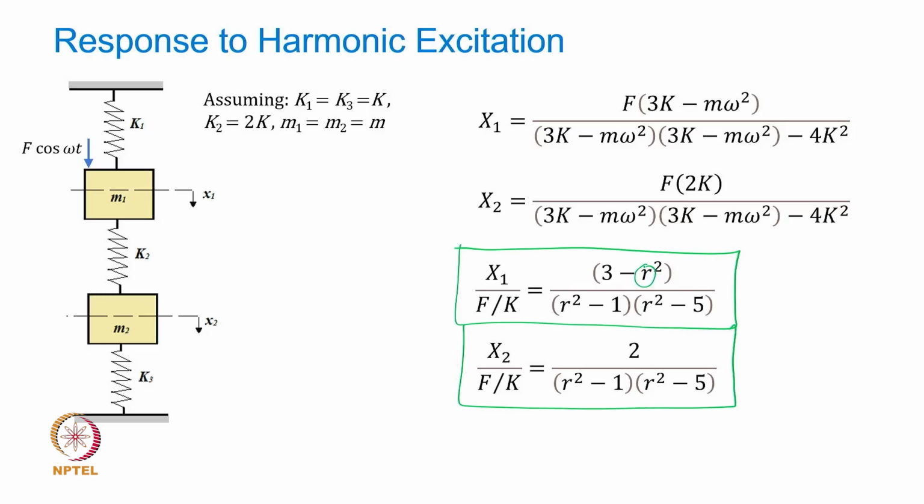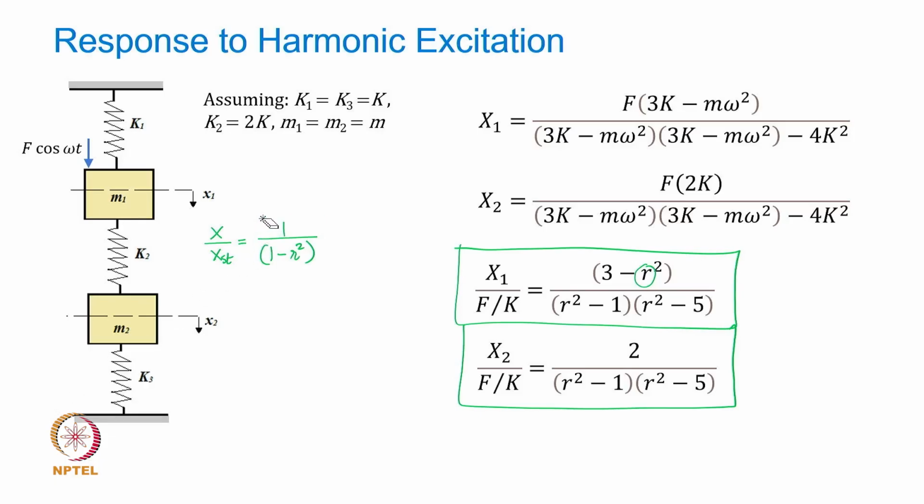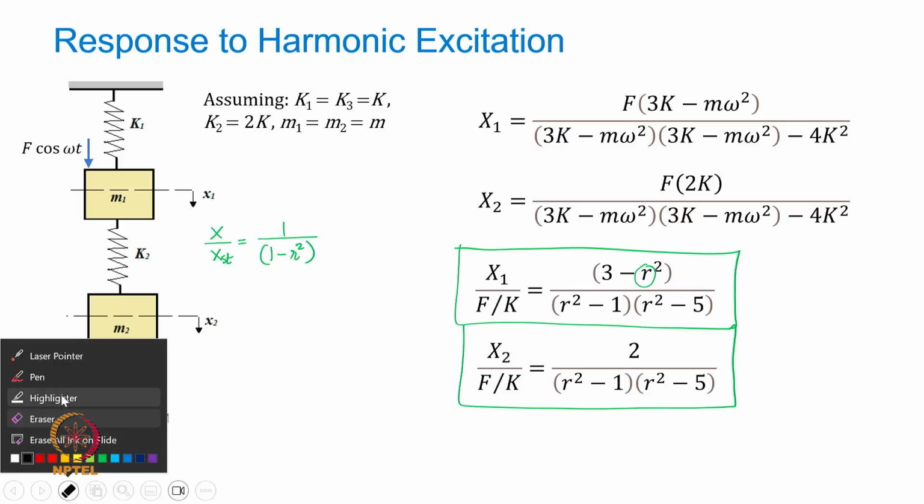You remember, for the single degree of freedom system, x over xst, which is f over k, for the undamped case was given by 1 over 1 minus r square. You remember? Sorry, it is not square root, 1 upon 1 minus r square.